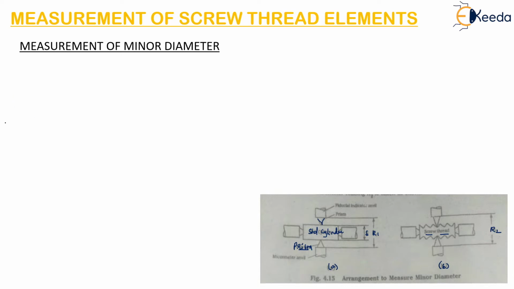In this method, V-shaped prisms are used for measuring the minor diameter. Prisms of suitable sizes are placed between the standard cylinder and the instrument anvil in order to take the first micrometer reading, that is R1.